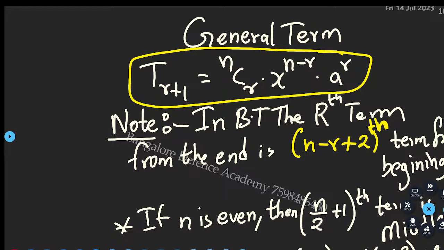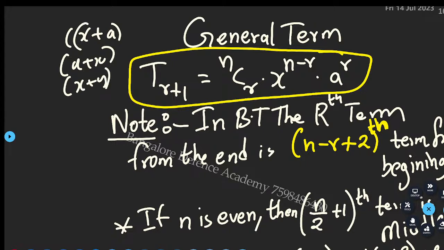Be careful which textbooks you refer to. NCERT textbooks take x plus a. If you take other competitive examination books, they may write a plus x, or x plus y. So the first term here is this one, and the second term is this one.